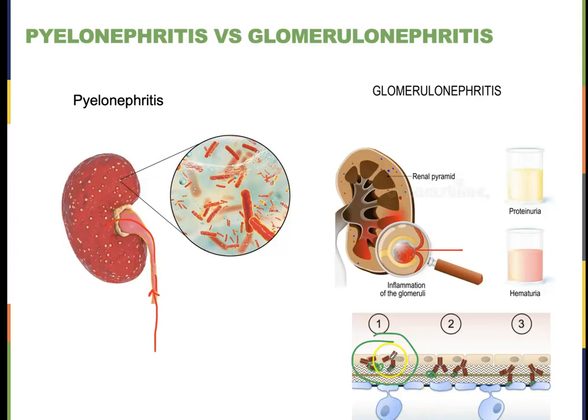And so when they come together and form this complex, for some reason, it deposits within the glomerulus, basically the linings of the glomerulus, and it causes inflammation there. So if you have inflammation, you have damage, then what you're going to start seeing is protein in the urine and also blood cells in the urine, because it's going to punch really big holes in your filtration membrane, and those really big objects are able to get out and show up in your urine.